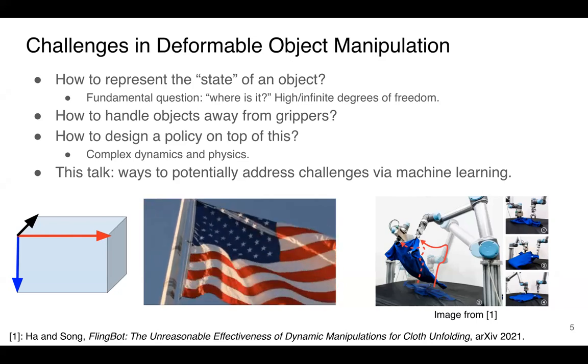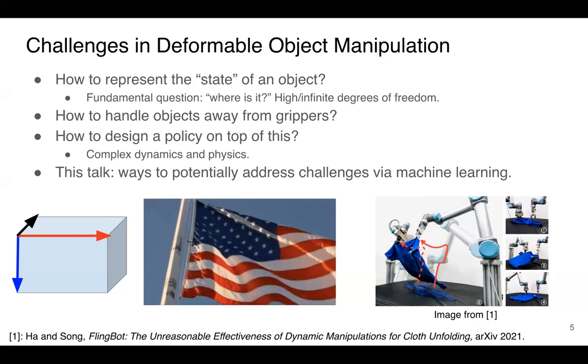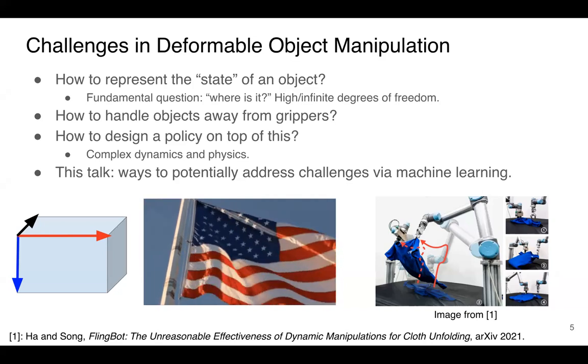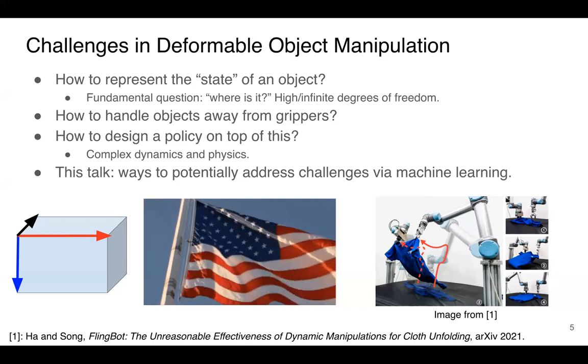Because if you think of a rigid block, then if we know a specific point on it and its position and orientation, then that tells us where the block is arranged in 3-dimensional space. But in contrast, if we have a flag, for example, even if we know where one point on the flag is, the other points could vary a lot.